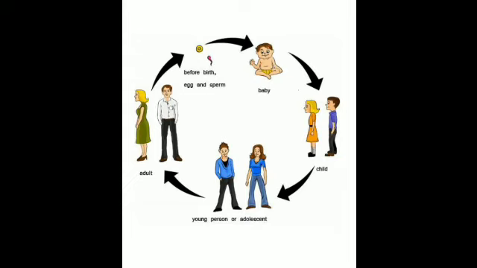Now the growth after this: once a baby is born, the growth process starts. This is a natural process, and it includes the basic stages in the life cycle of a human being. When he or she is a baby, it's called an infant at this stage, that is infancy.